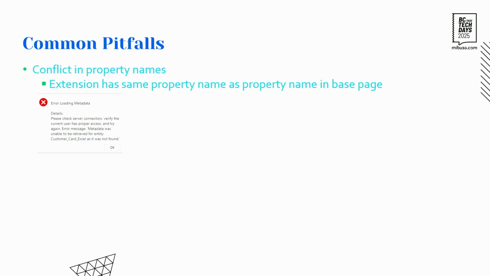So if you get such an error, go ahead and check your extensions if there is a conflict or not, because due to the conflict, the entity was not added to the list of entities in the model, and that's why your web service is not working. That's why your Edit in Excel functionality is not working. This is one of the biggest sources of tickets that we have. So I just wanted to let you know about that.